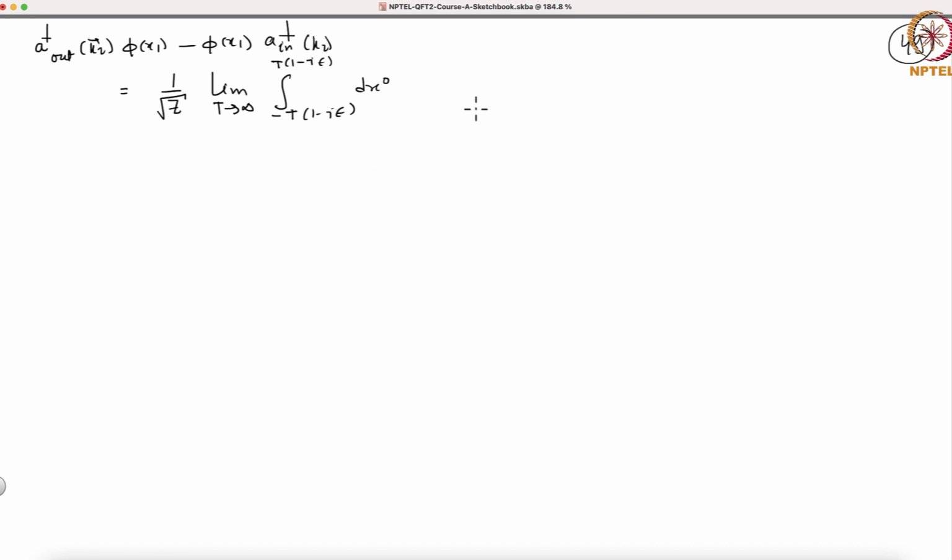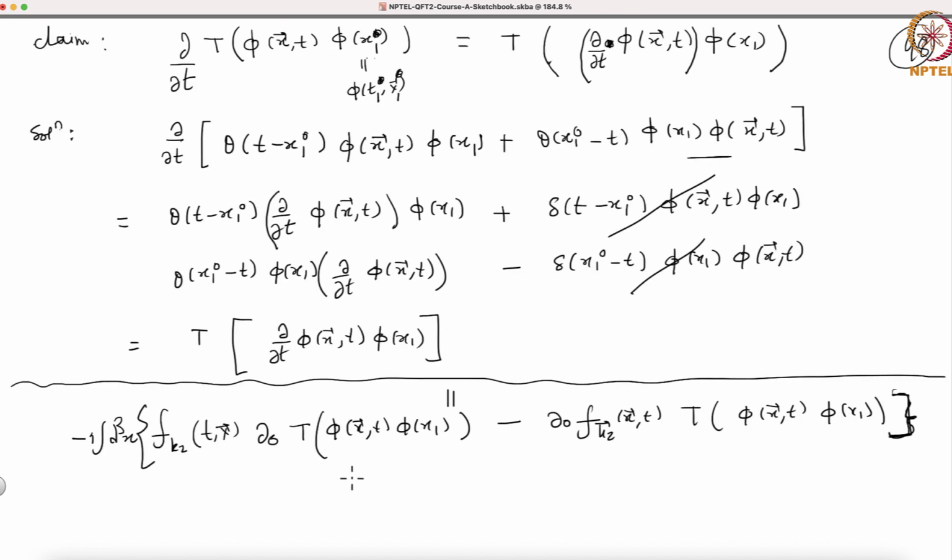Then I should take a time derivative of this expression here, this one.